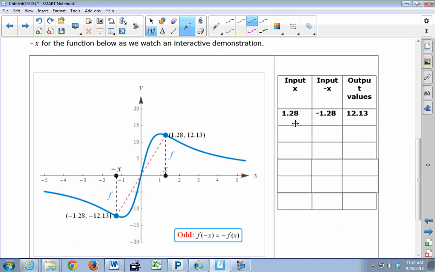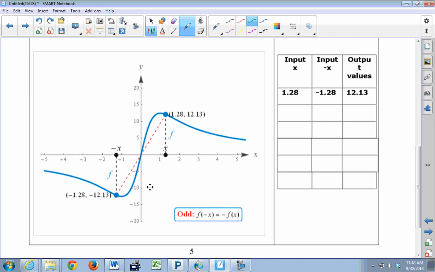So here we go with our input. I put in 1.28, the output is 12.13. If I take its opposite, negative 1.28, it's no longer sitting right beside it across the y-axis. It's down here, negative 12.13.